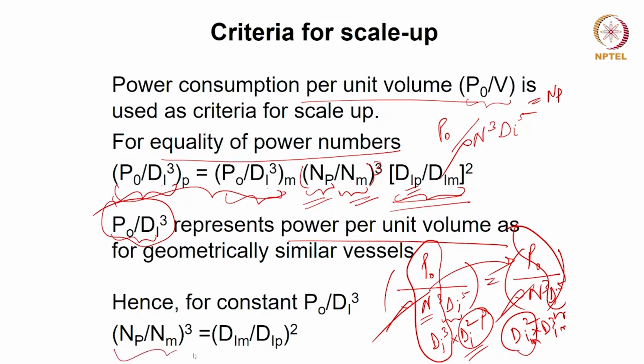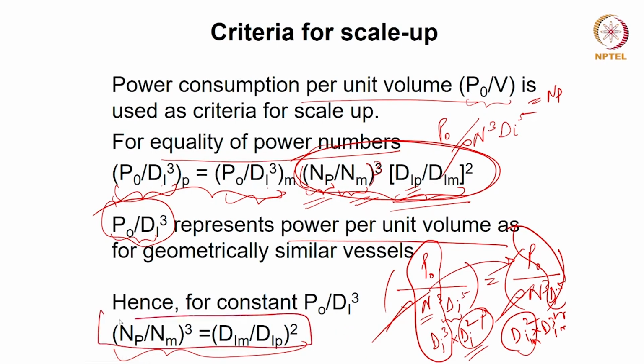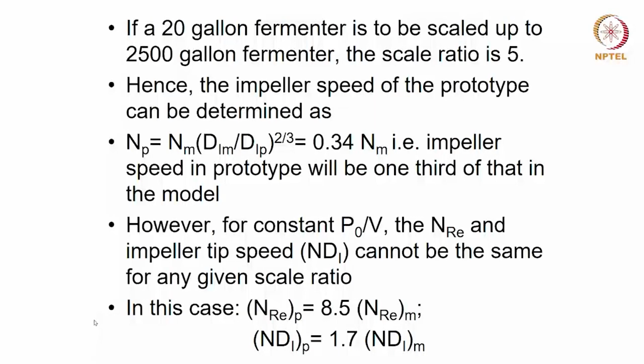So the correlation between the two variables comes out to be Np by Nm to the cube is equal to Dim by Dip to the square. So we have rearranged this portion in this form given here as this equation. Let's take an example.